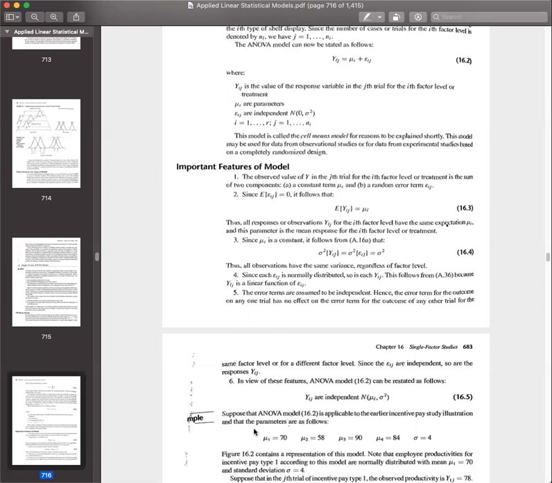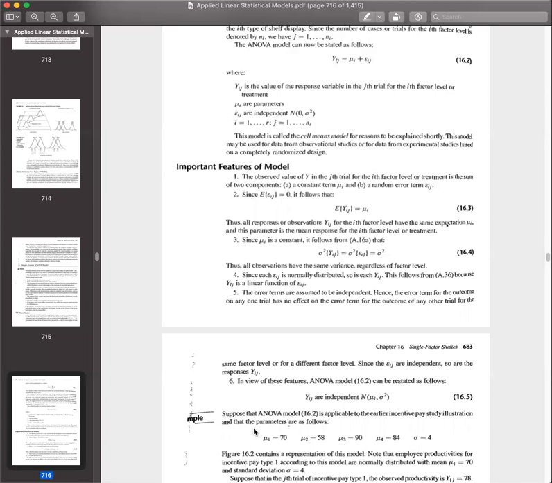Since mu sub i is a constant, it follows that sigma squared of yij is equal to sigma squared of the error of ij, which is equal to sigma squared. Thus, all observations have the same variance regardless of factor level. Since each error ij is normally distributed, so is yij. This follows because yij is a linear function of error ij. The error terms are assumed to be independent.